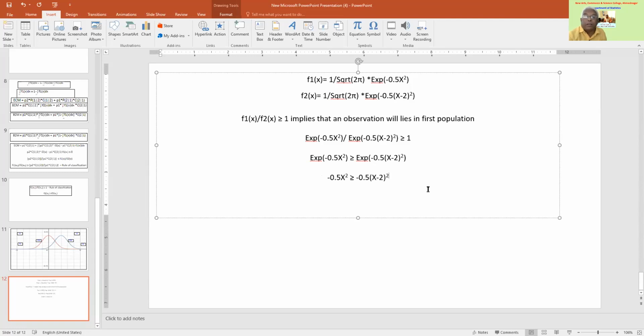And see now, both have minus sign, both have constant 0.5.